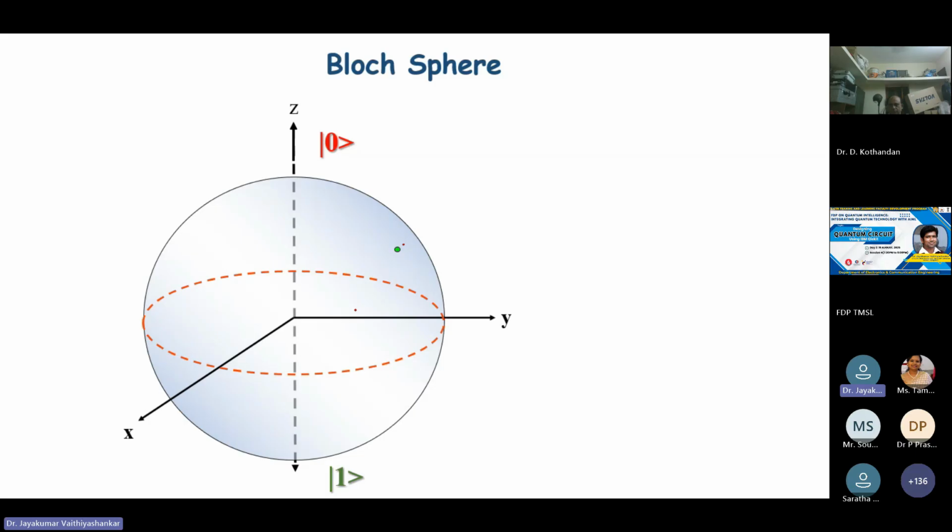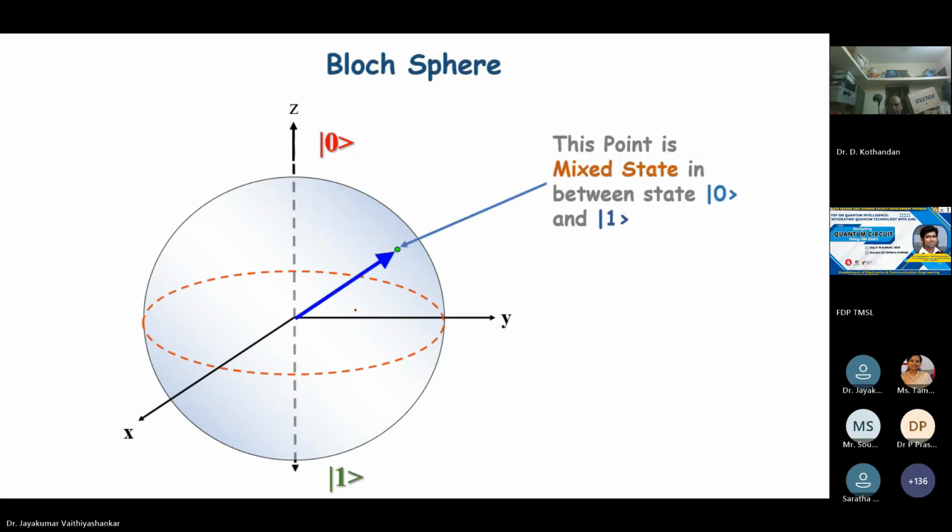So you can see this point is exactly not in state 0, exactly not in state 1. So it is in between state 0 and 1. So you can call this point a mixed state, or in an alternative name, superposition. So what is the meaning of superposition?